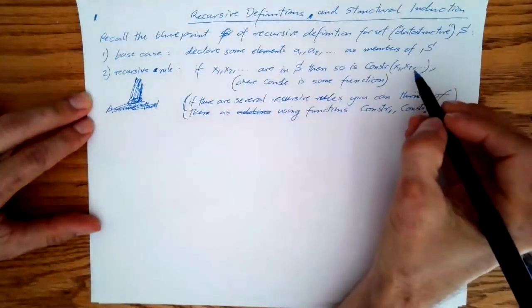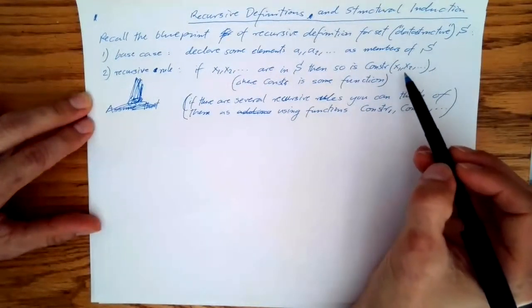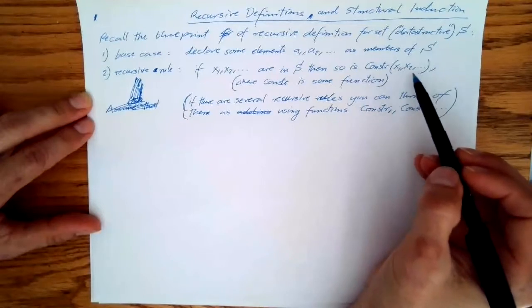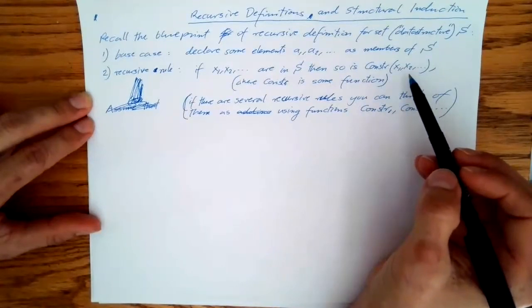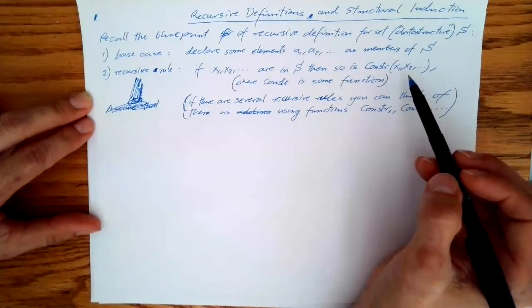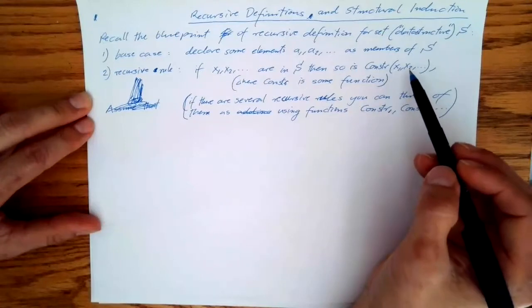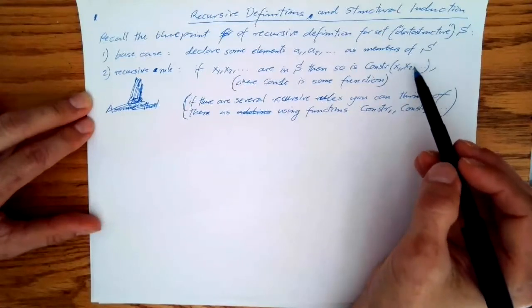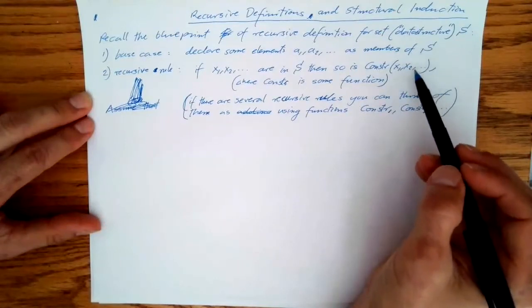We have never seen constructions which would use more than two. Okay, and I don't believe that I have such an example either in the book or in lectures or maybe in discussions. So for all practical purposes, I could end the bracket right here after two of them.